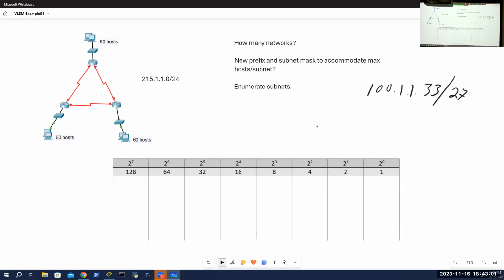If that's your host address and you look in the configuration and its default gateway is 66. How do we find the default gateway?